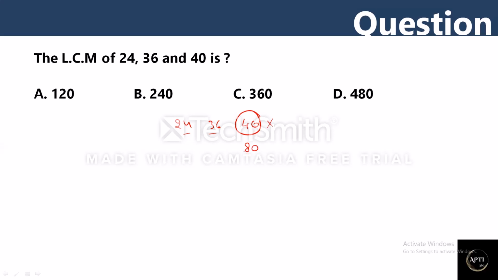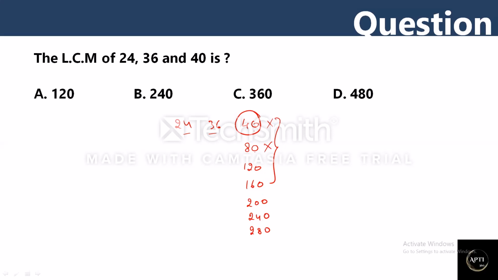2 times 40 is 80. Of course, 80 is not exactly divisible by 24 and 80 is not exactly divisible by 36. Now we need to cross check with 3 times, 120, 4 times, 160. Likewise, we need to cross check all the values. If 160 is not satisfied, then 200, if 200 is not satisfied, 240, next 280, and so on.